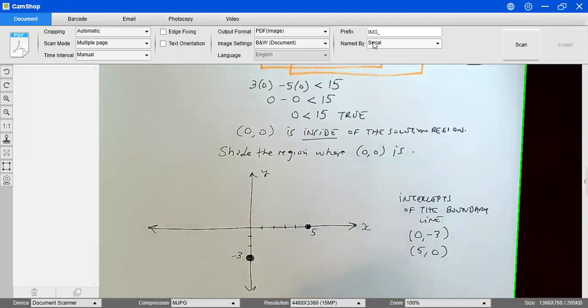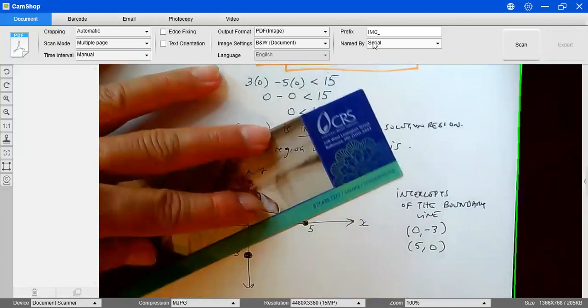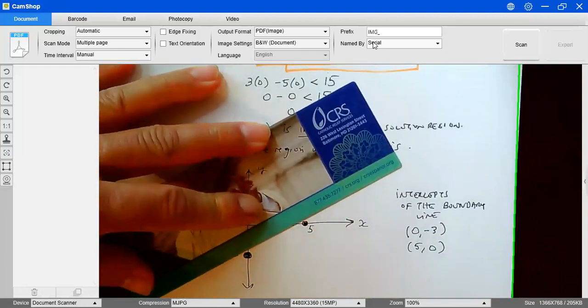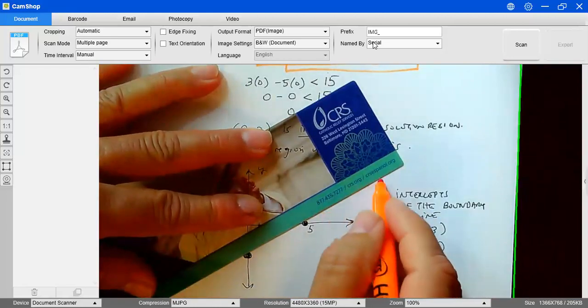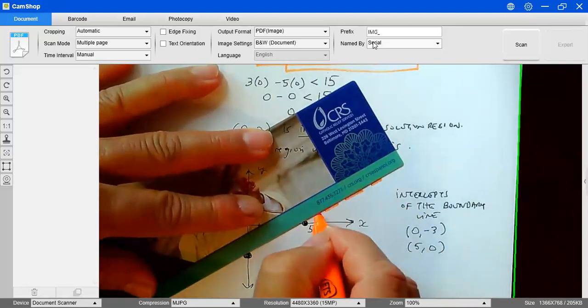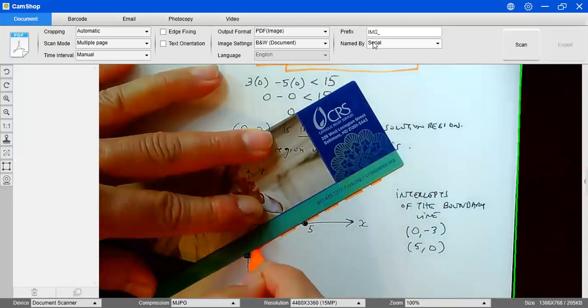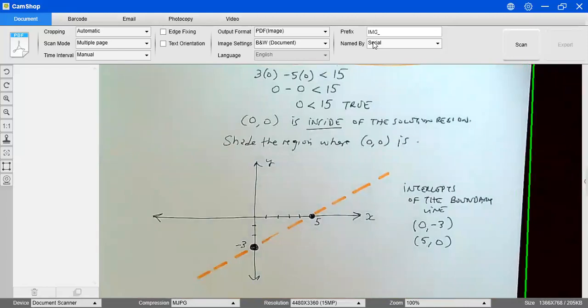So you're going to draw a dashed line here. That's the boundary of the solution region.